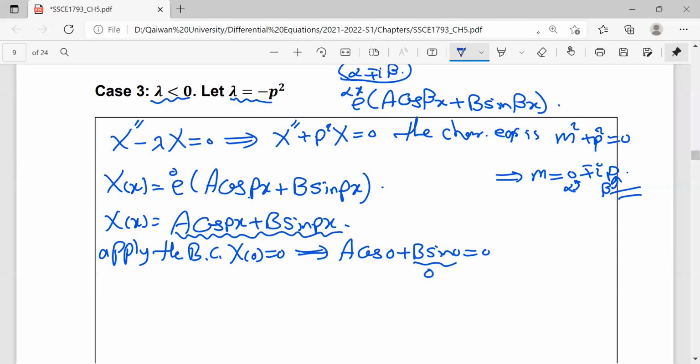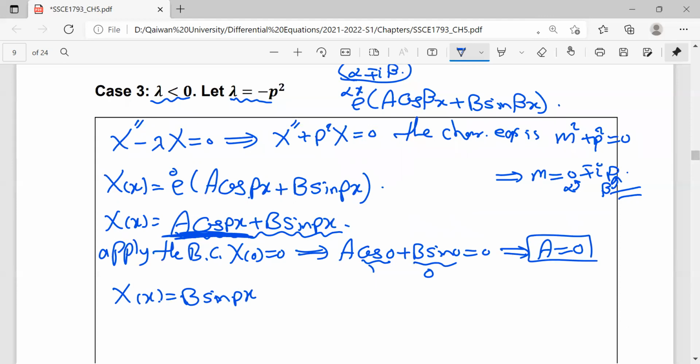This is 0 and this is 1, so you get that a is 0. We now replace a by 0 in the solution. That means x of x equals b sine px, because a is 0.